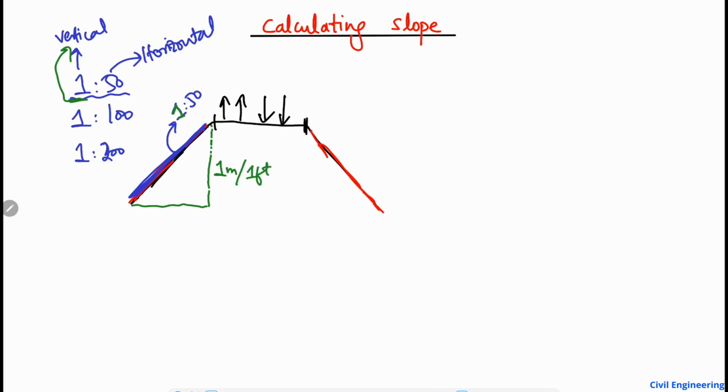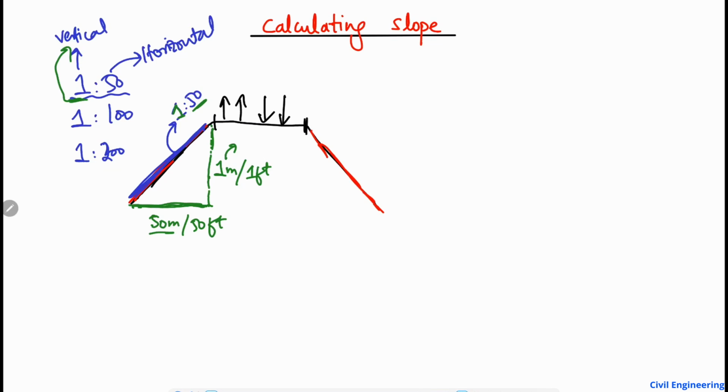The other value on the right side shows the horizontal. It means 50 meter or 50 foot or 50 inches. So if 1 meter is the height of this surface, then 50 meter will be the horizontal length. So 1 is the vertical height, and 50 means the horizontal length.